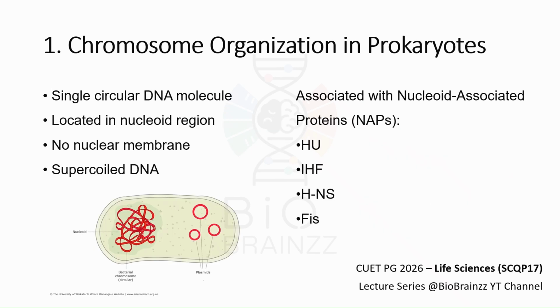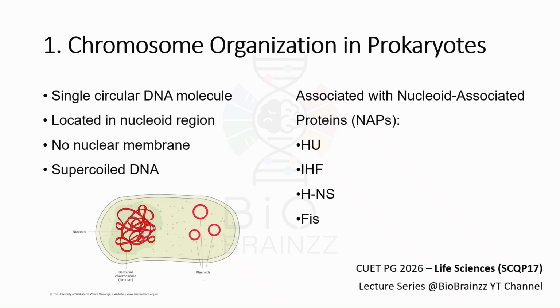In prokaryotic cells like bacteria, the genetic material is usually present as a single circular DNA molecule. This DNA is not enclosed inside a nucleus. Instead, it is located in a region called the nucleoid, which is not surrounded by any nuclear membrane.